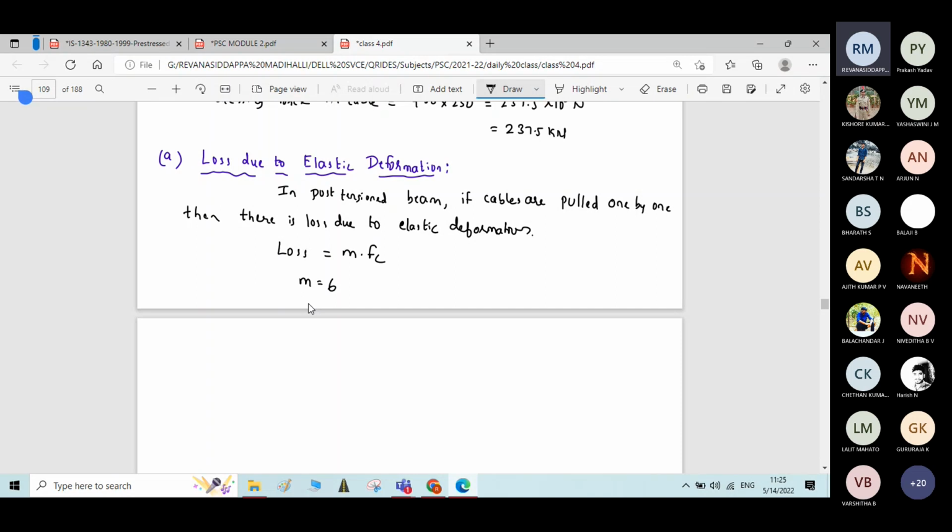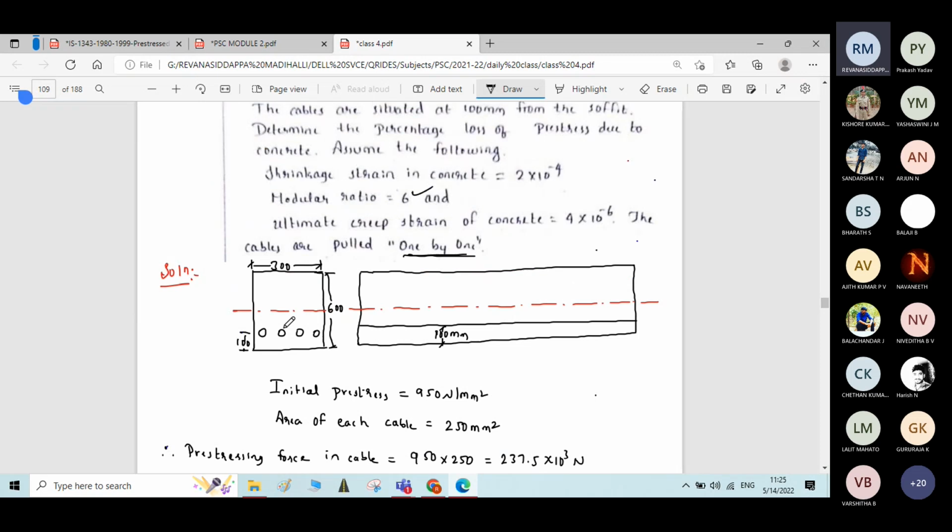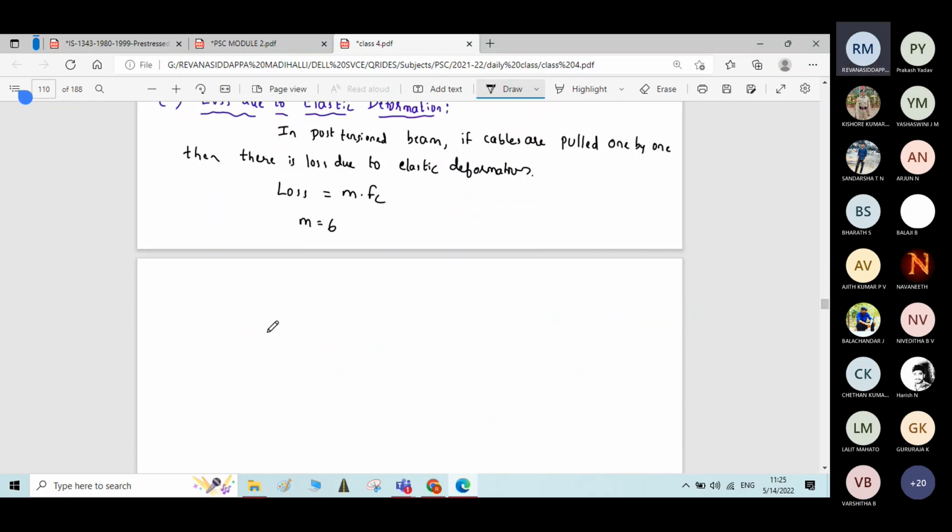And we need to calculate FC. What is FC? Stress in the concrete at the level of steel. What is the level of steel? The cable profile is straight, so the cable is at the same level throughout its length. In a single shot you can calculate the FC value.